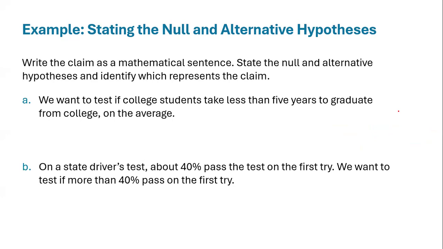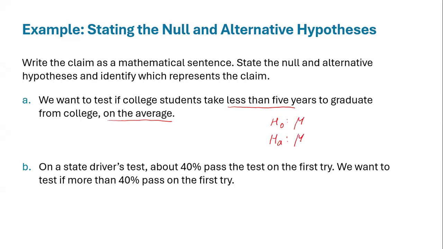We want to test if college students take less than 5 years to graduate from college on the average. So what's the claim? The claim says that college students take less than 5 years to graduate on the average, meaning mean. So to write the null and alternative hypothesis, you need to use mu because the claim is on the mean, on the average.